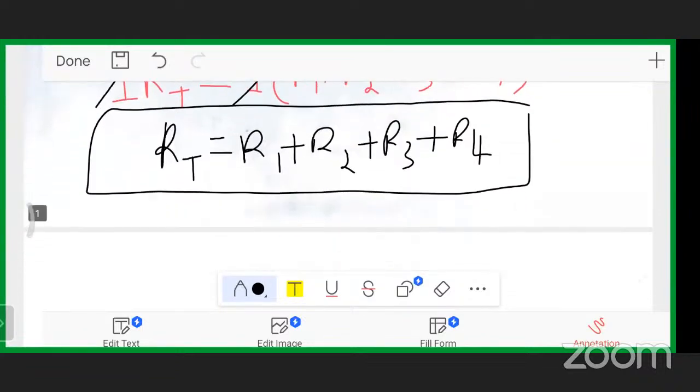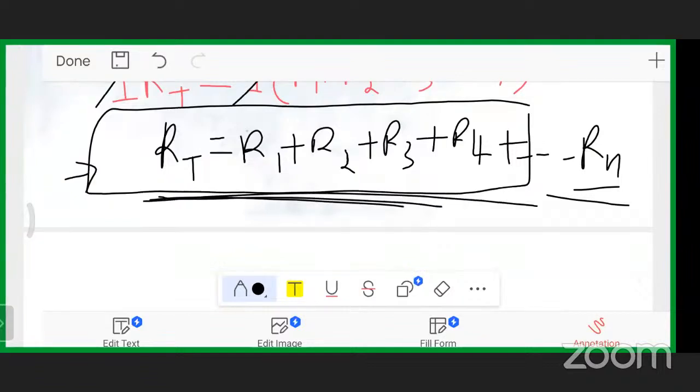You can continue up to Rn based on the number of resistors you have. If there are 2, just R1 plus R2. If there are 3, R1 plus R2 plus R3. If there are 5, R1 plus R2 plus R3 plus R4 plus R5. That's how you obtain the total resistance in a series connection of resistors.